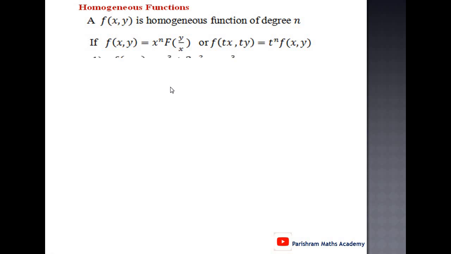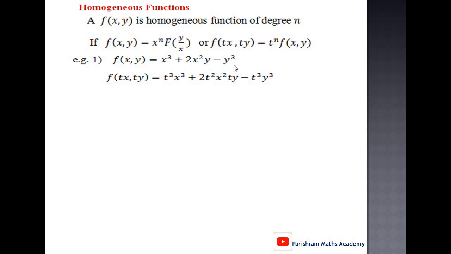n. For example, first you can take the function f of (x, y) equal to x cube plus 2x square into y minus y cube. First replace x by tx, y by ty, and therefore f of (tx, ty) equals t raised to 3 x raised to 3 plus 2t square x square into ty minus t cube y cube.